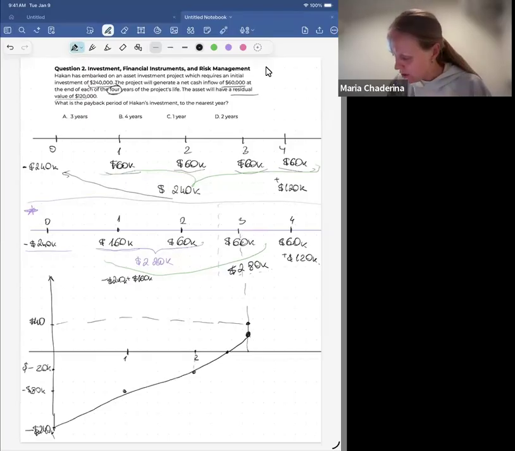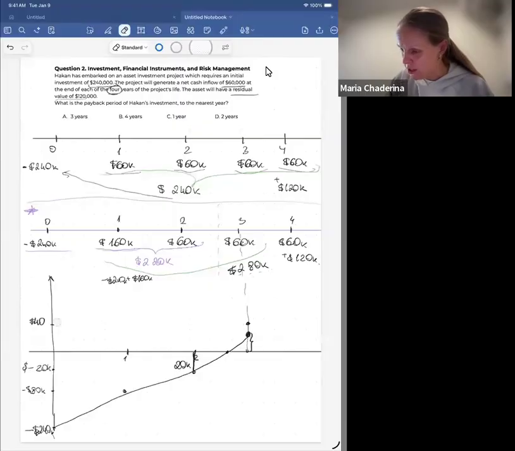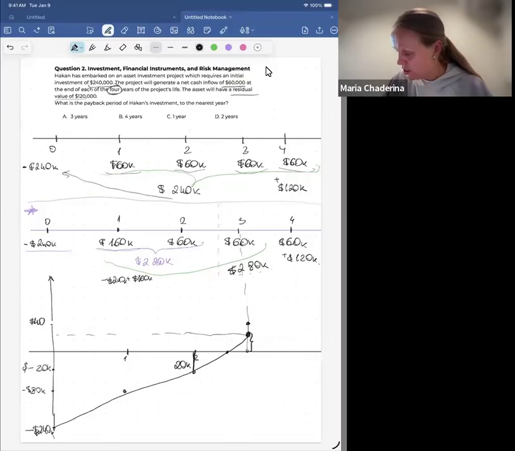Okay. So let me remind you. This is the 20,000 deficit we had at the end of year two. The excess we had at the end of the third year is 40. So that line over here is 40,000.